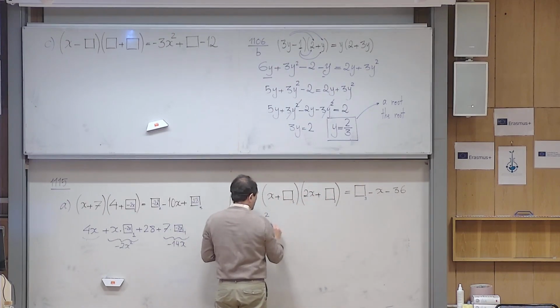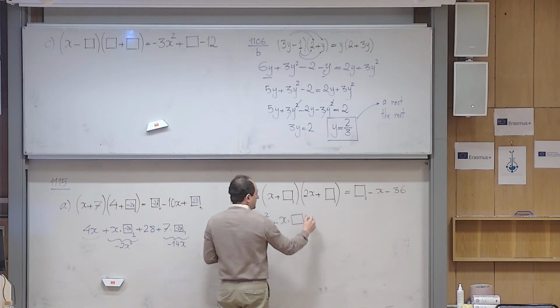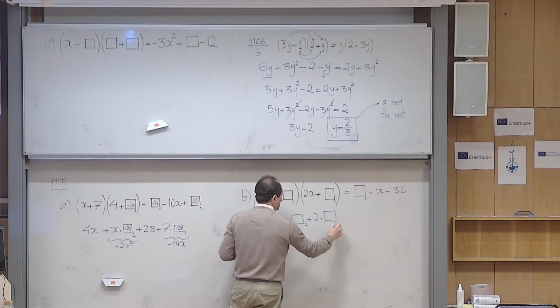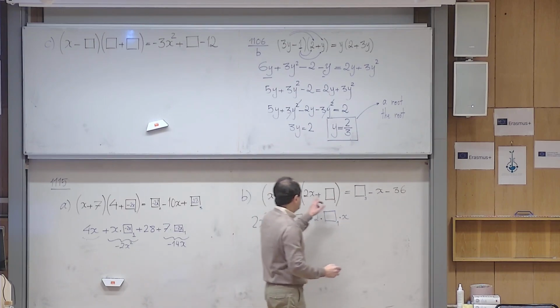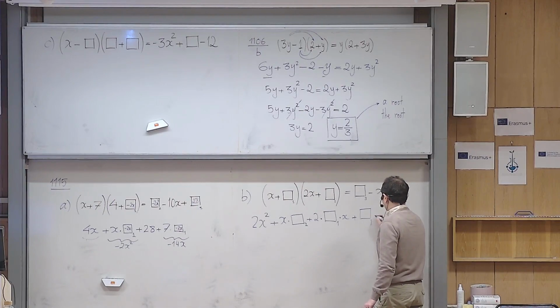This one times that one, I have to write x dot box number 2. This multiplied by that becomes 2 multiplied by box number 1 multiplied by x. And then interestingly here, I have the product of 2 boxes.